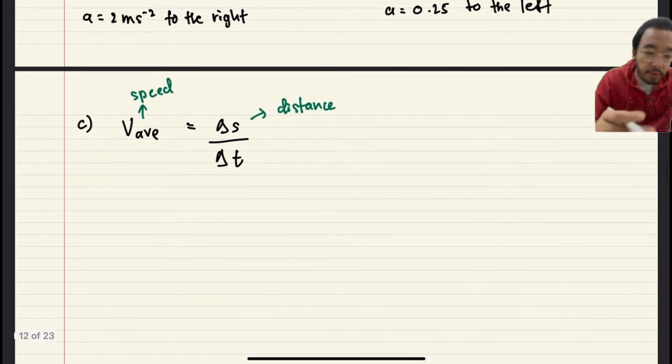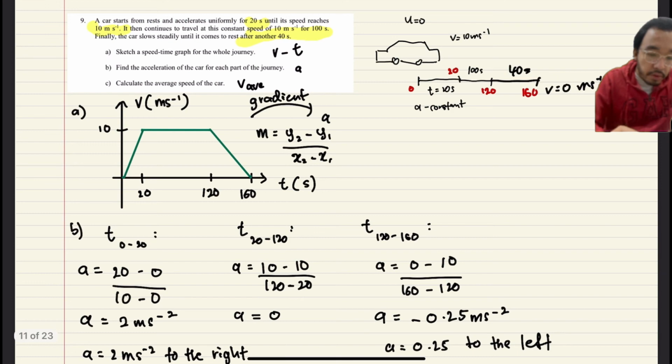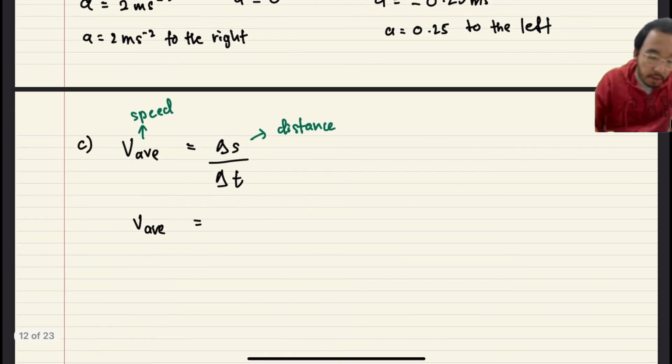So you can calculate the total distance. If you guys still remember, if you have this graph and you want to find s, or distance, you can use the area under the graph.